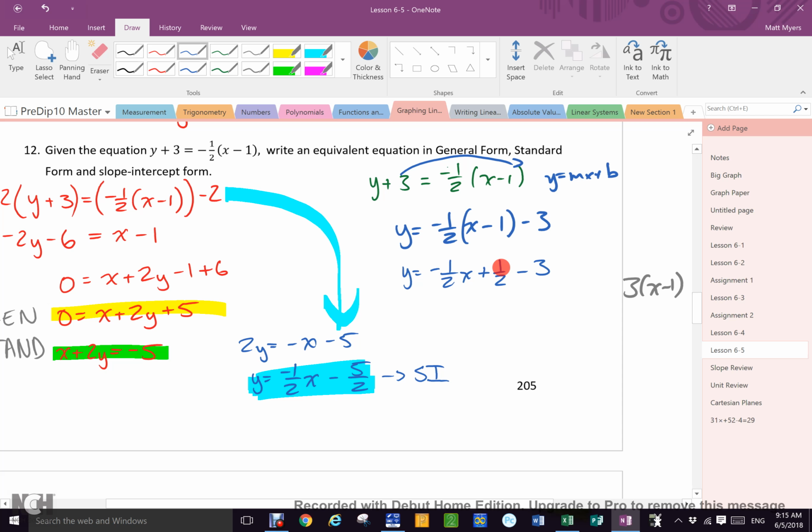What are you left with? Negative 2.50. So y equals negative 1/2 x minus 2.5, right? What's 5 over 2? $2.5. Same thing.